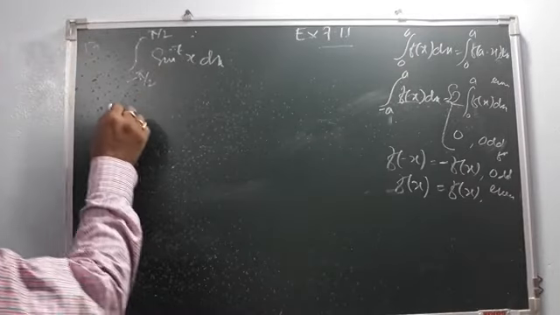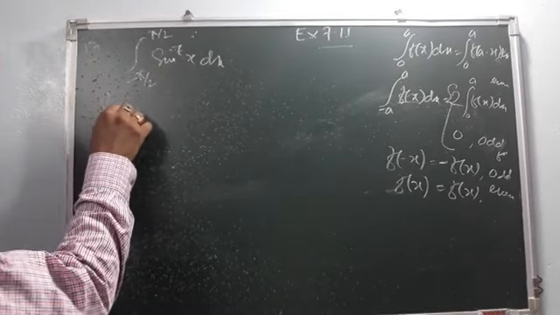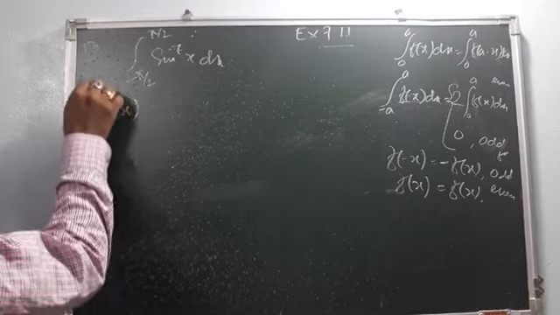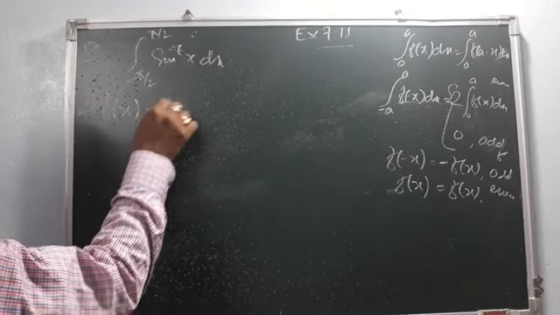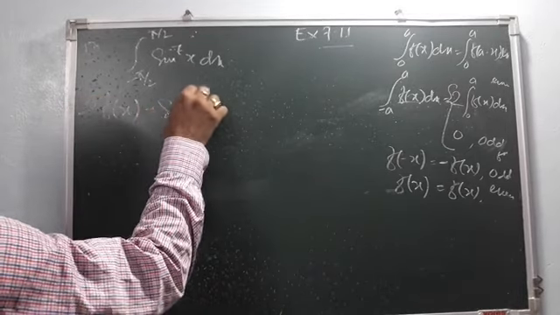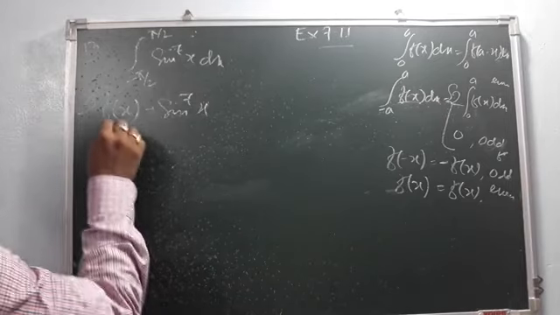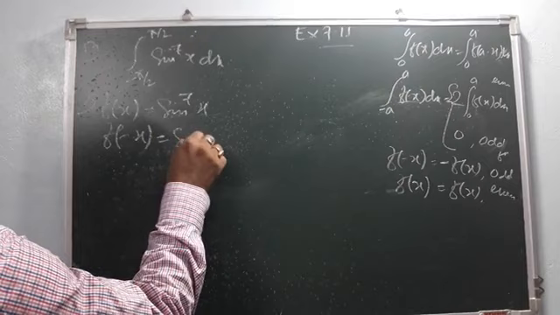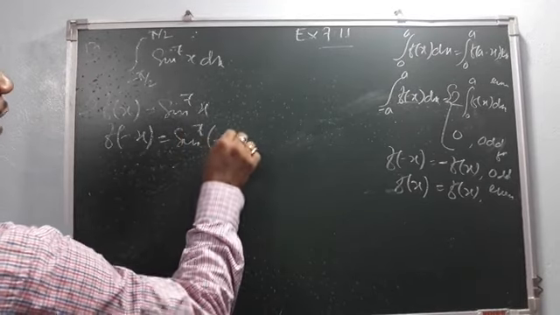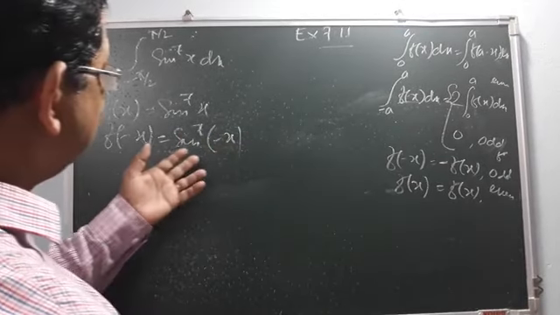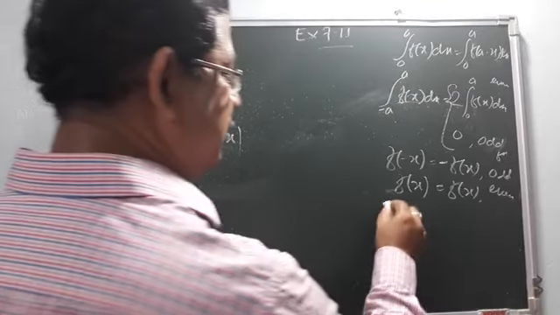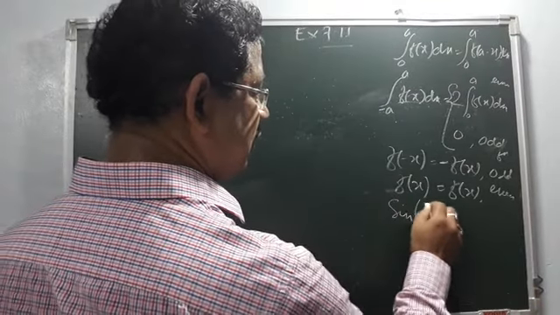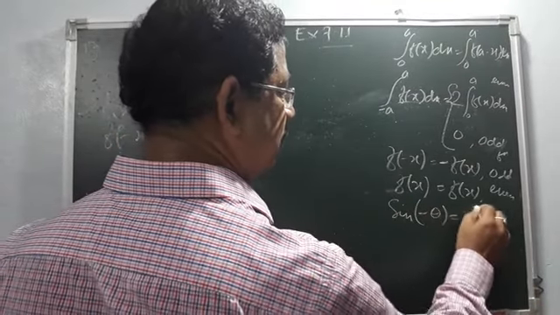Now we will test here. If f(x) equals sine to the power 7x, then f(minus x) will be what? Sine power 7 of minus x. Now sine minus theta is equal to minus sine theta.